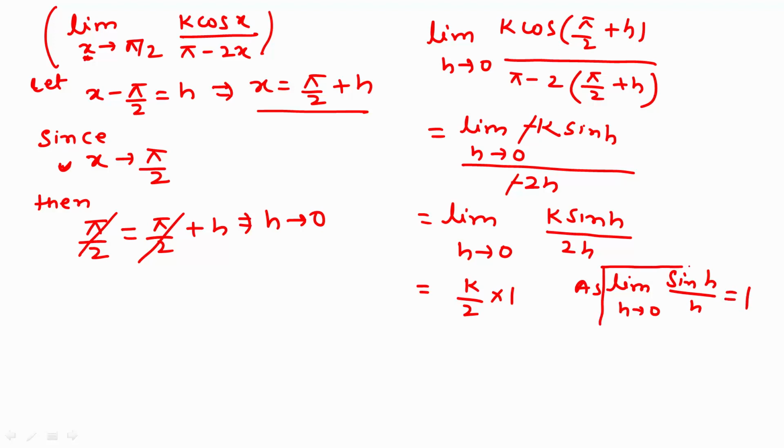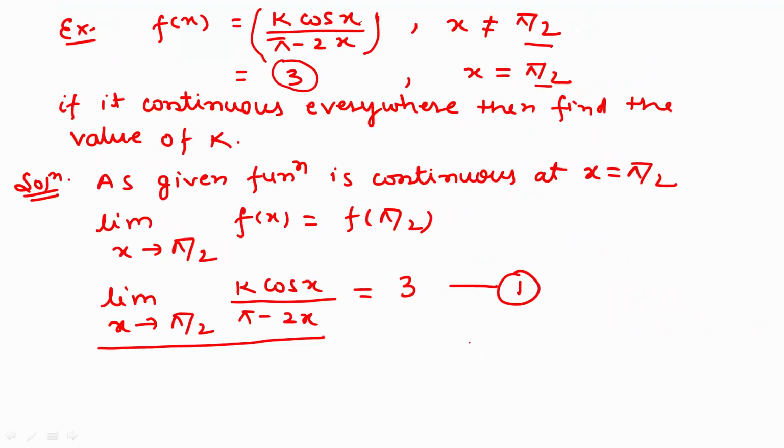The value of limit h tending to 0 of sine h by h is 1. So we will put the value of sine h by h is equal to 1 here, so this will be equal to k by 2. So k by 2 is the solution of this trigonometric limit.